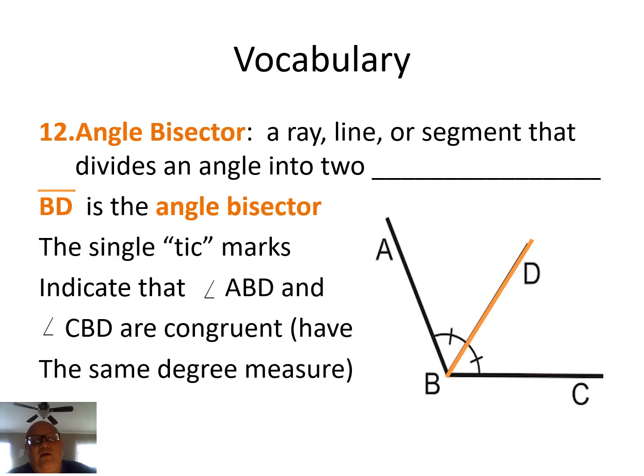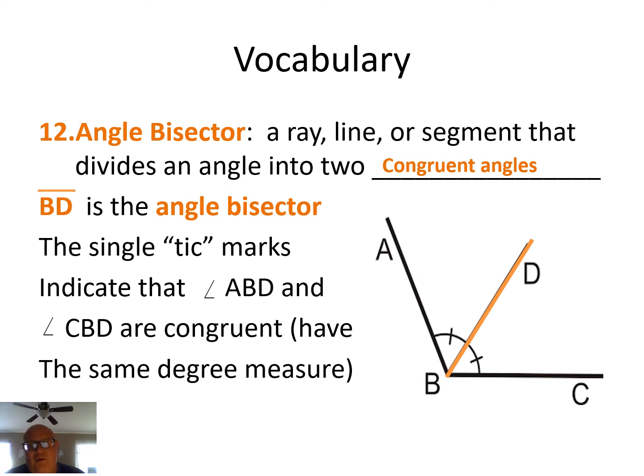All right, angle bisector is a ray or a segment that cuts an angle into two smaller angles that are equal in size. So little arcs with a tick mark usually means that they are congruent. Sometimes you don't see the tick mark, you'll just see the arc, but in this case, it's done with a tick mark. I personally like the tick marks. Books sometimes don't.